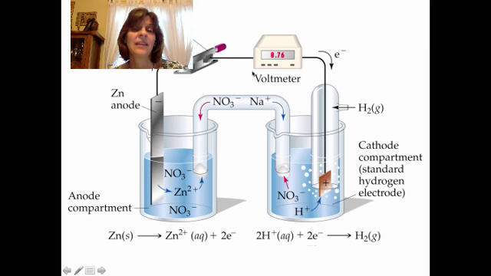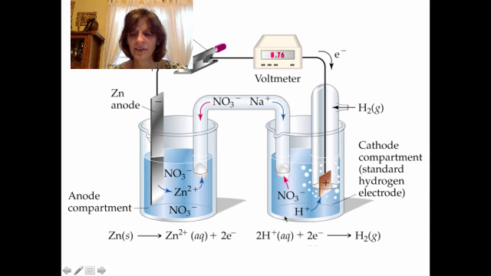So the standard oxidation reduction potential of zinc is 0.76, is negative 0.76 actually, because it's compared to the hydrogen at 0. Because the zinc is going through the oxidation and the hydrogen is going through the reduction.